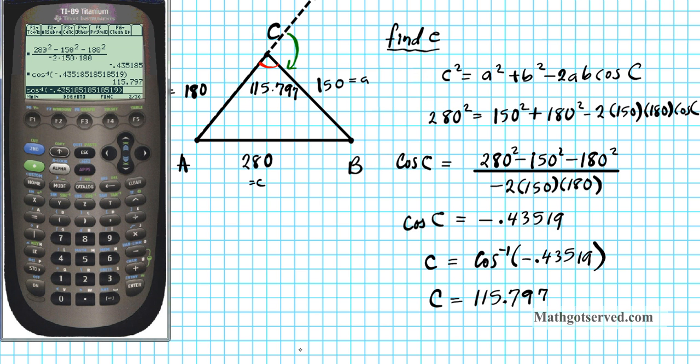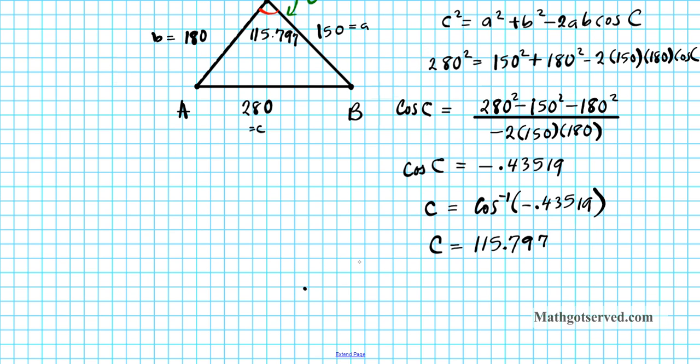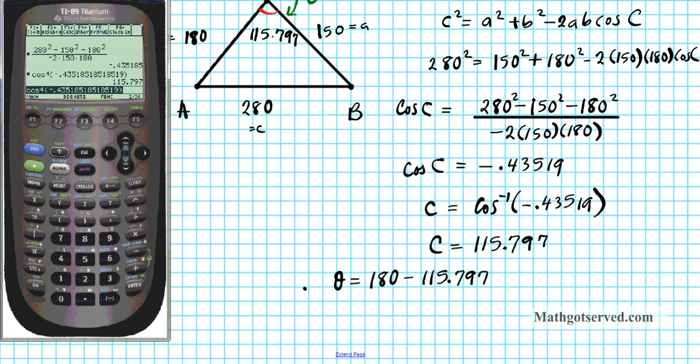All right, so let's call this angle theta, what we need to turn in order to get back on track. Theta is equal to 180 minus the measure of angle C, 115.797. Let's put that in our calculator and see what we get.